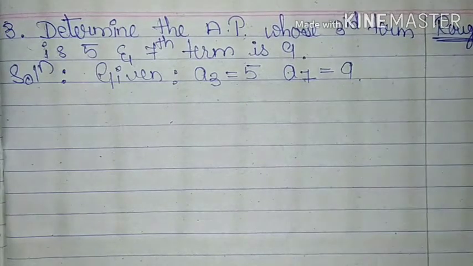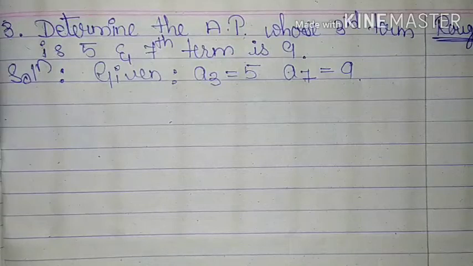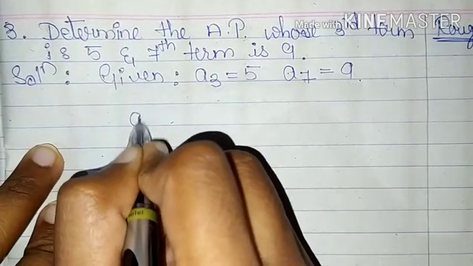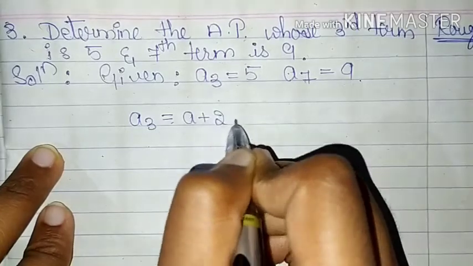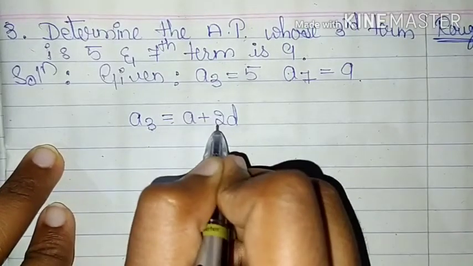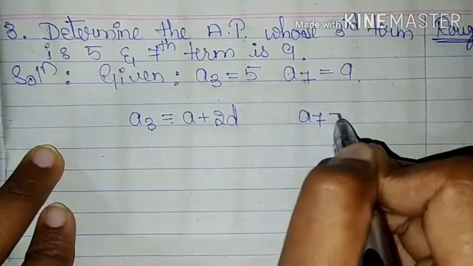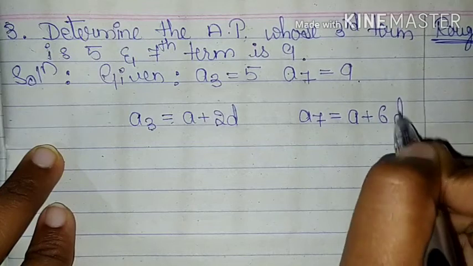They have told us third term, that is A3 is equal to 5 and seventh term A7 is equal to 9. Okay, so now we can write it in the general form in terms of A and D. What is A3 in general terms? A3 is A plus 2D, because it is 3 minus 1, 2D, and A7 is A plus 6D, one less, right?